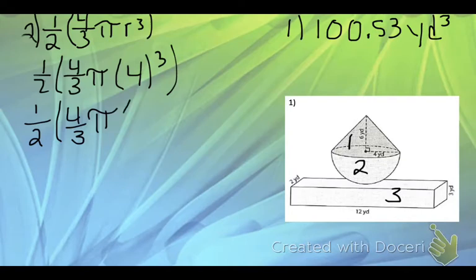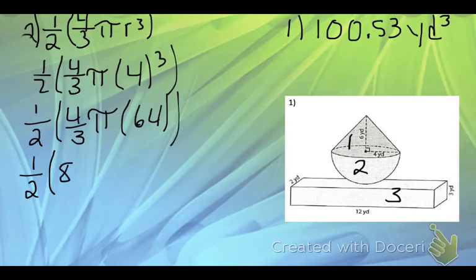Yeah, 64. Okay, then I'm going to take 4/3 times 64, and I'm going to get 85.33. All right, then I'm going to multiply by pi.